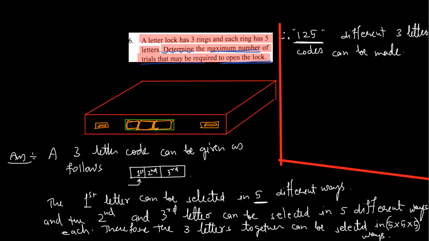And if you are very unfortunate, you will have to go for all trials. So what will be the maximum number of trials before you open the lock? It is going to be 125.